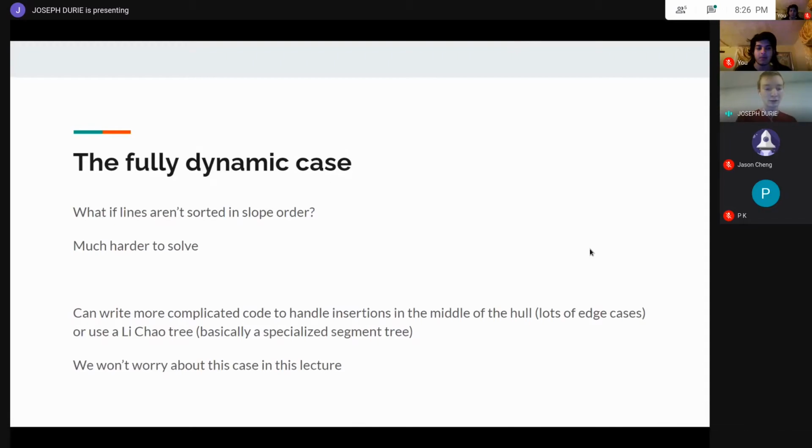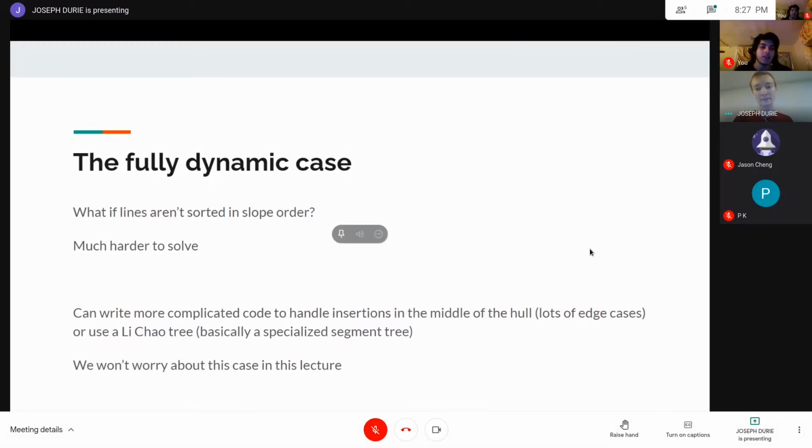There's also something called a Li Chao tree, which is basically a specialized segment tree you can use for this, which in the Codeforces blog I saw about this, they really recommended doing this over trying to do something like this. But we're not going to worry about either of these cases for this lecture because there's still a lot of problems you can solve using the sorted slope case.